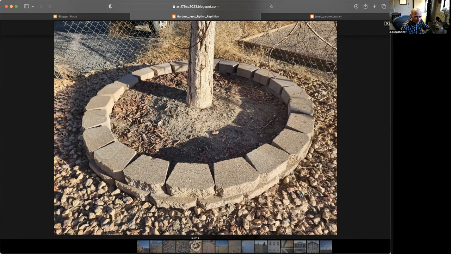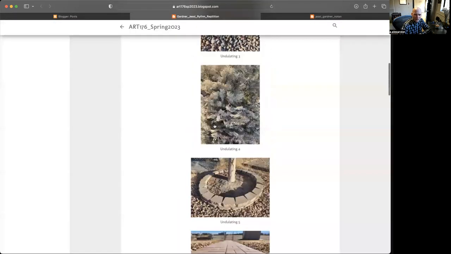Dissonant rhythm isn't what we were working with, but a dissonant rhythm is a repeating motif or element that has a sort of randomness to it, where there's no pattern that we can find in the repetition. So I'm not certain that we hit it on that one with the undulating.